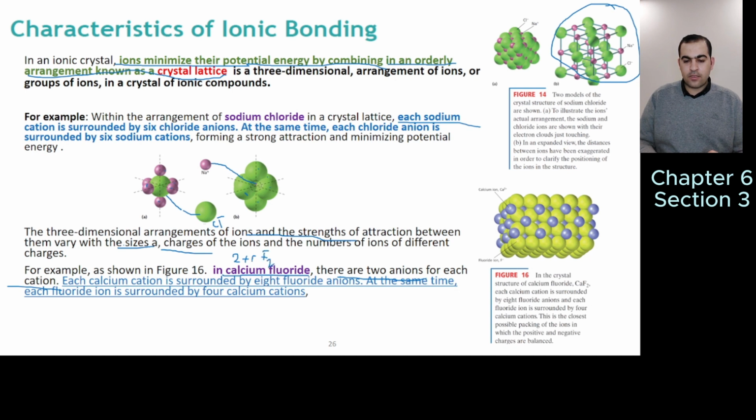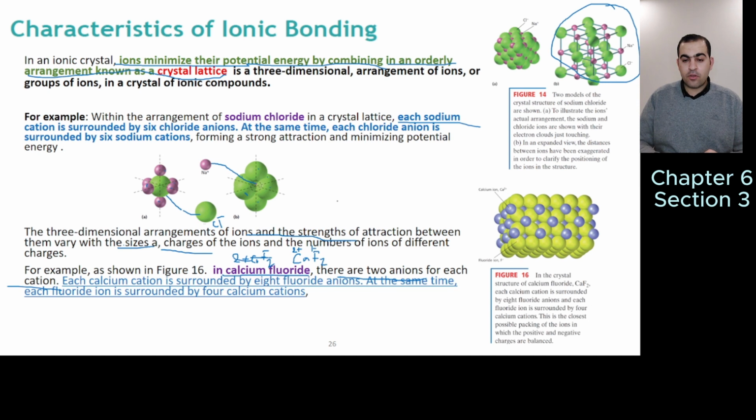Okay, this is calcium. Let me erase this. Calcium, we said calcium fluoride. So for each calcium cation there must be 2 fluoride anions.